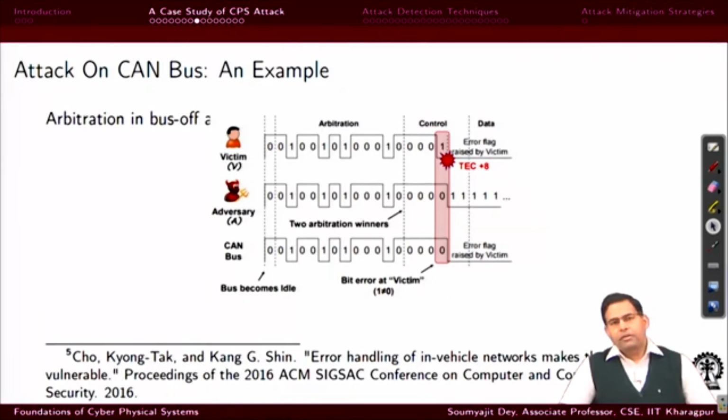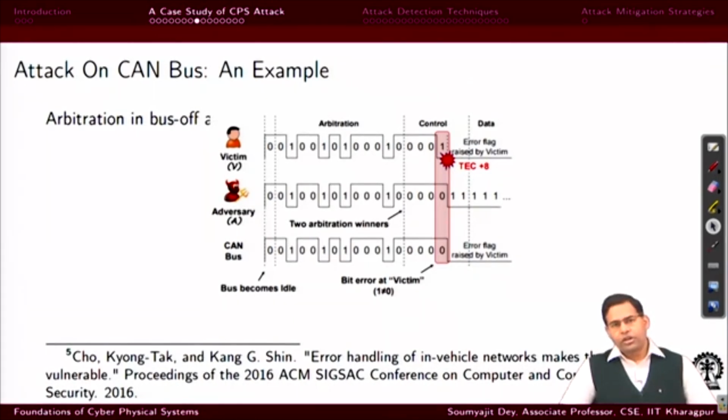The arbitration happens right at the physical layer itself, there is no software logic. So, even in the post-arbitration phase, when there are two actual winners, which should not have been the case, even when the payload transmission is happening, the arbitration physics is still there, right. Due to the adversary sending a stream of zeros, it will eventually win, and the victim will receive a transmission error.